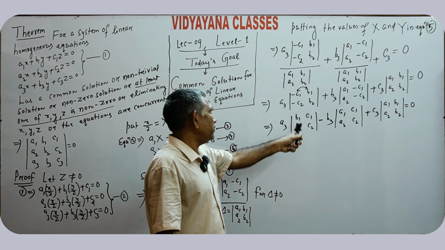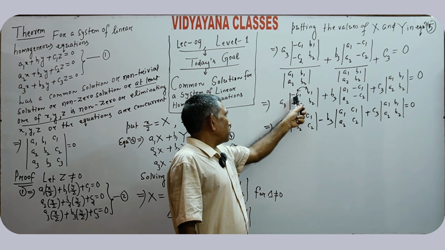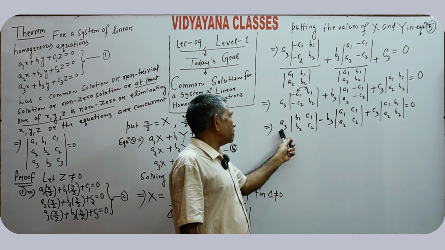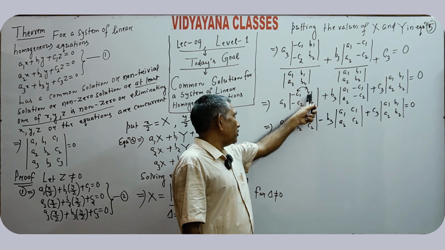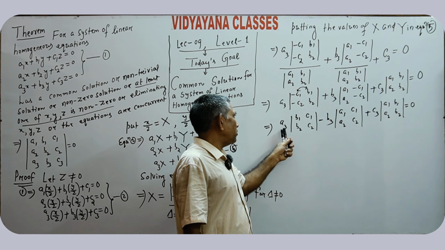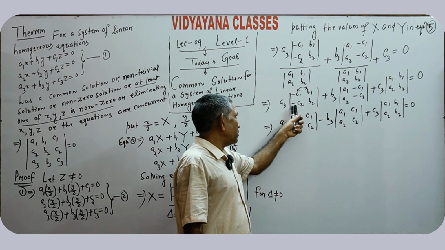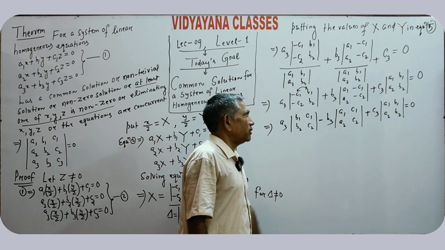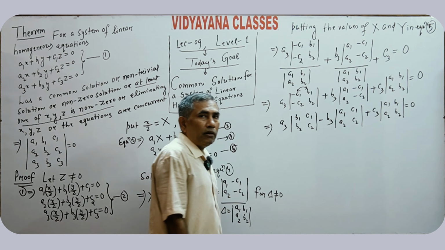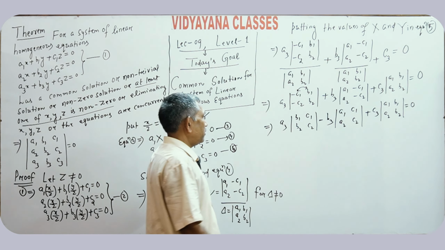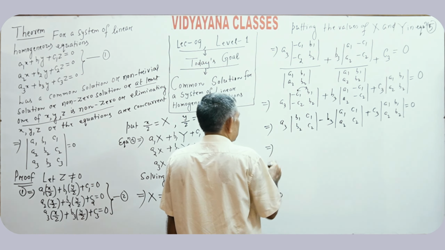In the first term, column 1 gives a minus, and interchanging column 1 and column 2 gives a minus. So this will be the same as this. Clear? Okay.